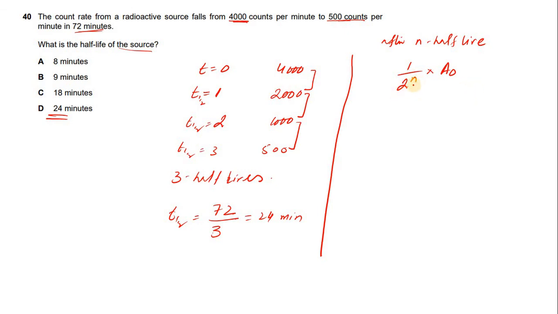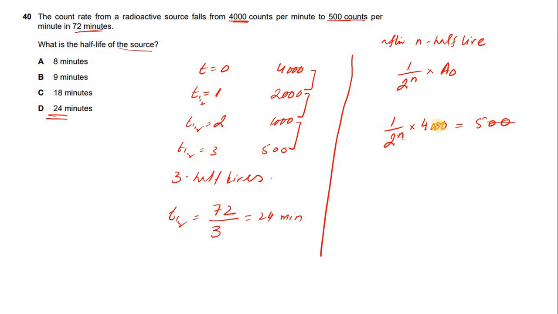So you can find the number of half-lives from there. You can say 1 upon 2 to the power n of 4000, since we don't know how many half-lives there are, that's what we are finding. After n half-lives, the activity becomes 500. Now you can solve this equation.